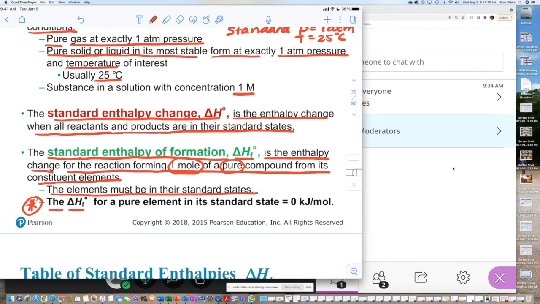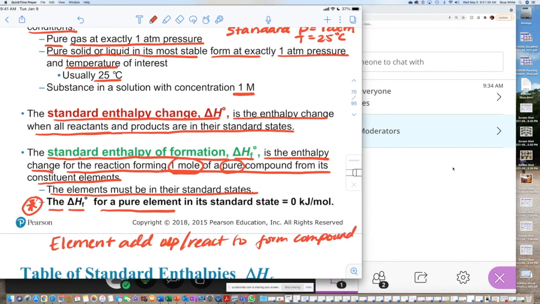The delta H of formation for a pure element, which is our ingredient to make the compound, right? Remember, elements are used, elements add up, or react, of course, add up or react to form compounds. So we're using the elements as our reactants to form compounds, right?